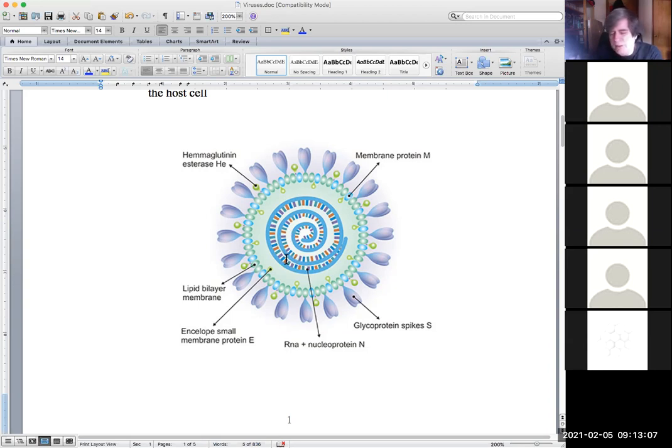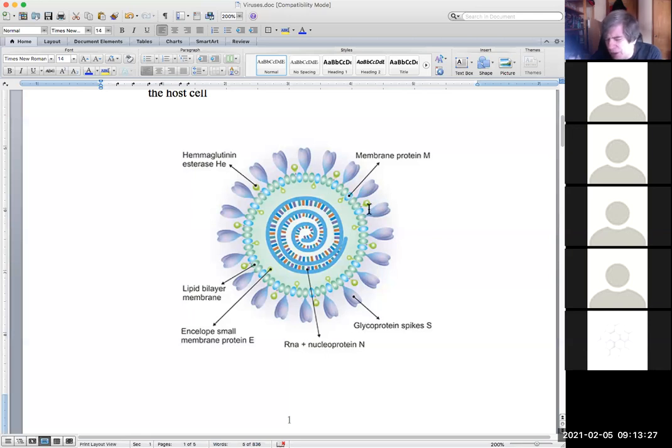Now, if we look at the instructions that are on the RNA here, the instructions on this RNA make several different proteins. First of all, they make the proteins that are found in this blue squiggly capsid. So those are the instructions for those proteins.